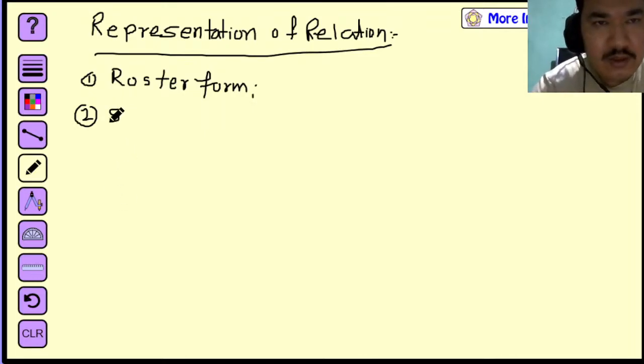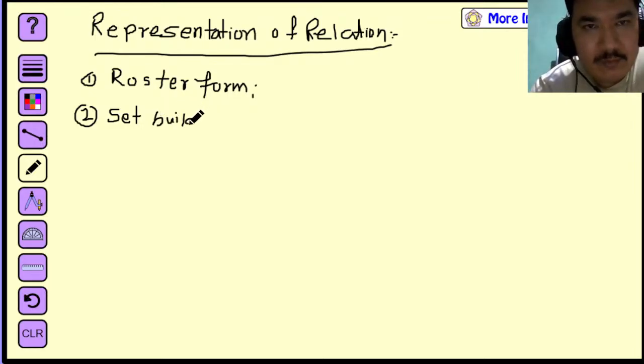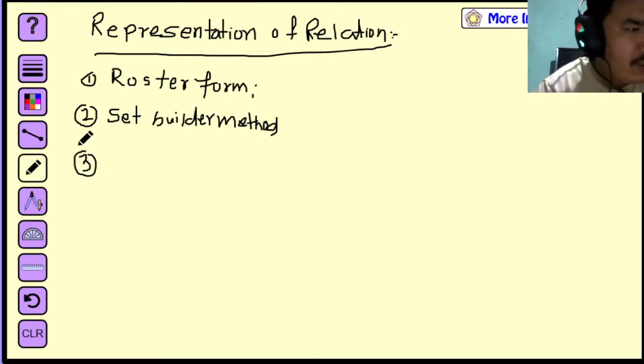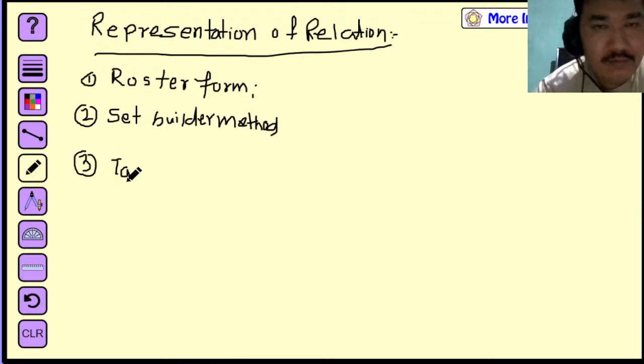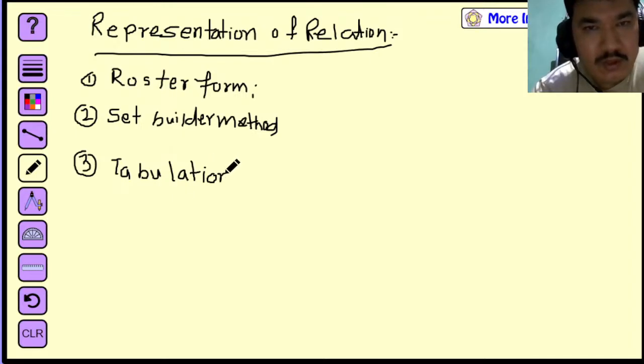Here we write set builder method. Number 3 is the tabulation method.